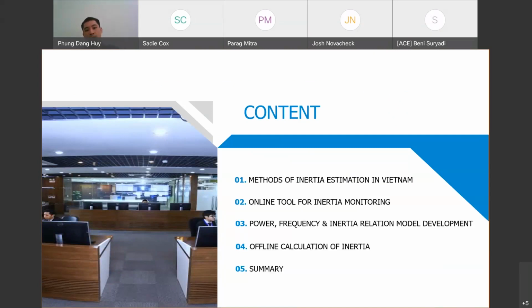We will introduce our methods of inertia estimation that we apply in our country. There will be an online tool and an offline calculation of inertia. And we also develop some kind of relation between power, frequency, and inertia to have some additional features on our tools. And the last topic will be the summary.